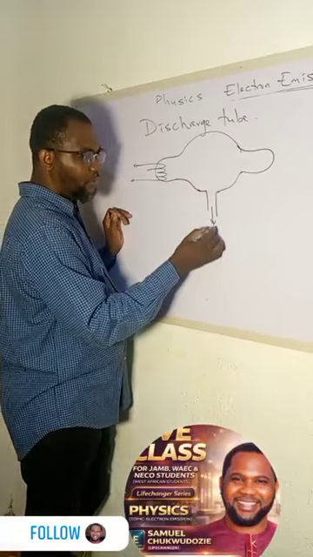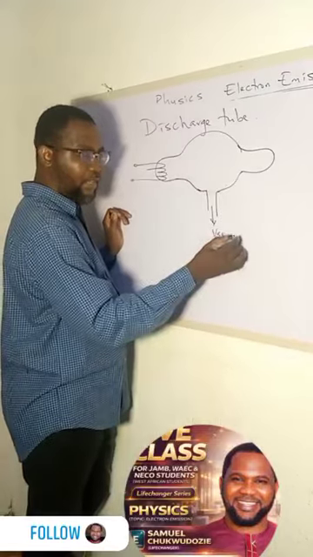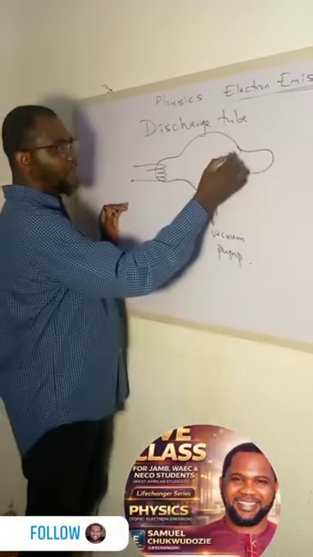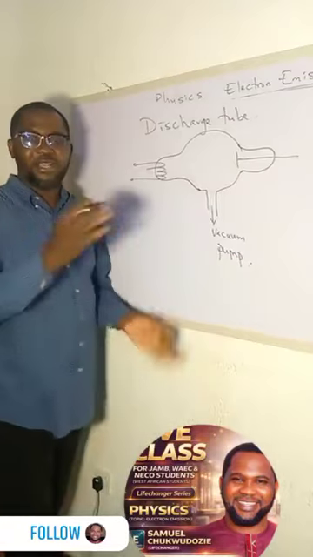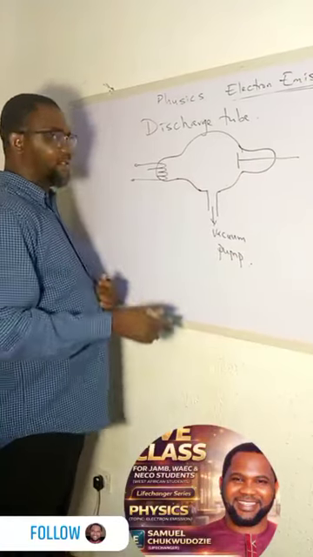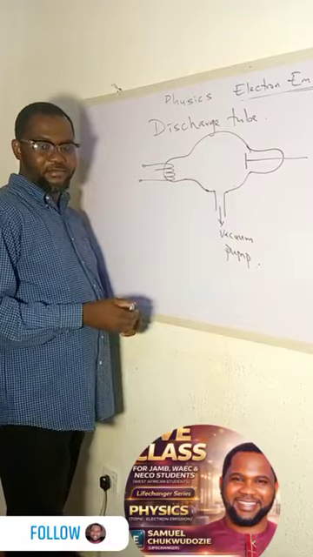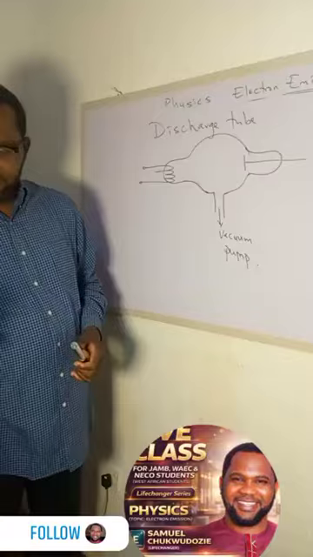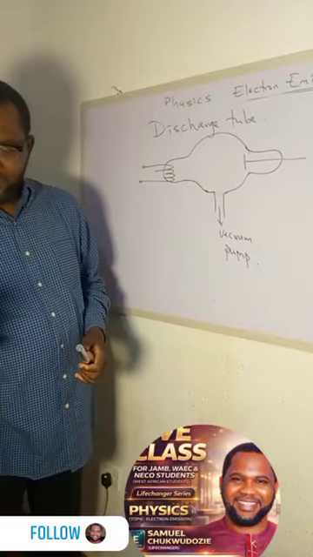This opening is to a vacuum pump. I'm going to explain why. Now we have the cathode. Remember, you must have a cathode and an anode. Very important, and that is quite important.